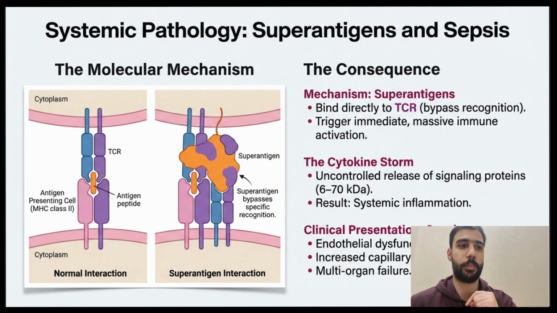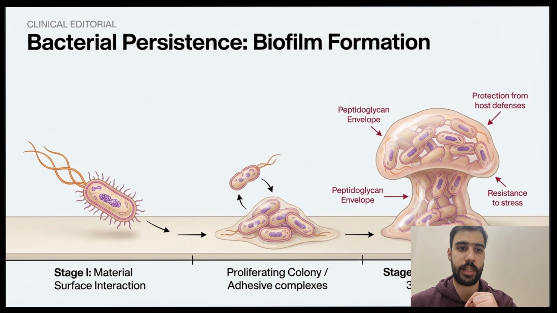Then we will get into biofilm. The biofilm is when we have a material surface. It can be our material, but the most common place for a biofilm is non-human material, for example, a catheter or a changed valve. So the bacteria gets stuck onto the surface and interacts. Then we will have proliferation of a colony. These bacteria will produce a film.